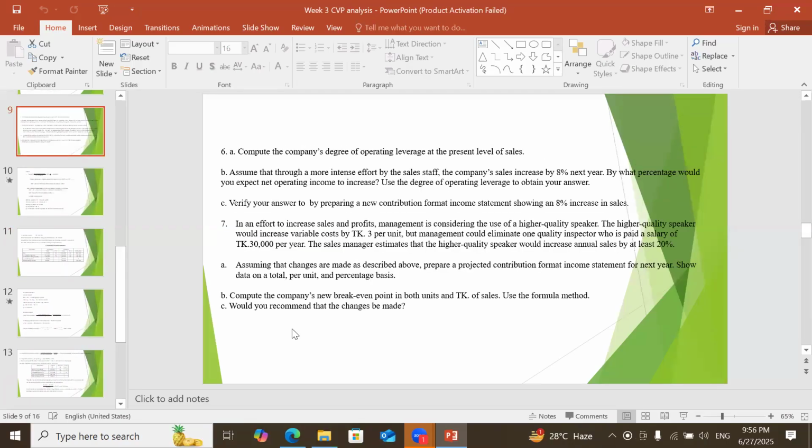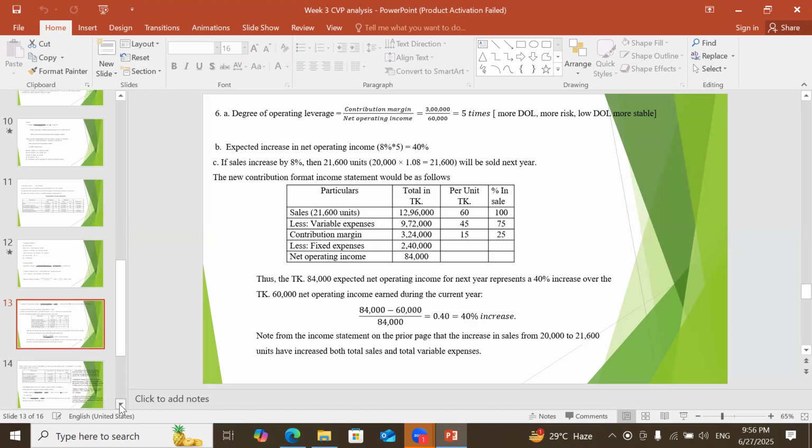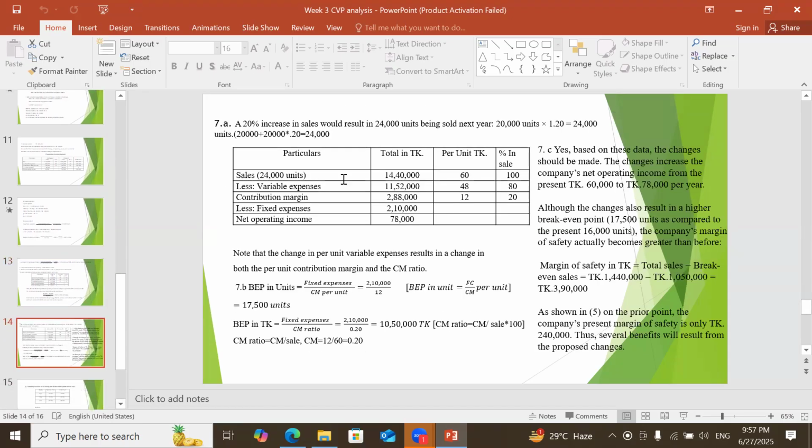7.B, compute the company's new break-even point in both unit and taka. Break-even point in unit and taka. Use the formula method. This is the break-even point in unit.